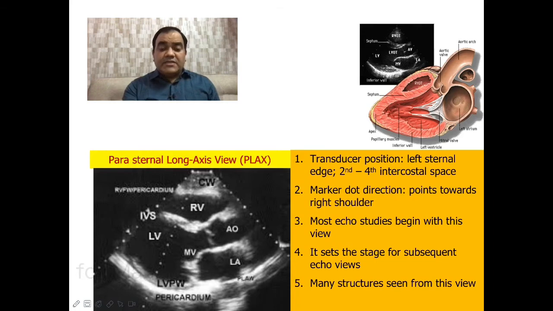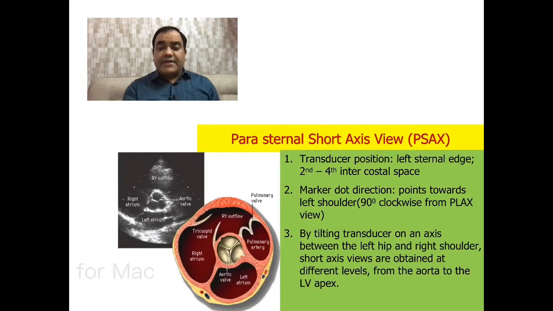The main structures seen in this view are, as we can see, this is the aorta and this is the aortic valve, this is the left atrium, mitral valve, this is the left ventricular cavity, this is the left ventricular posterior wall, this is the interventricular septum, and this is the right ventricle.